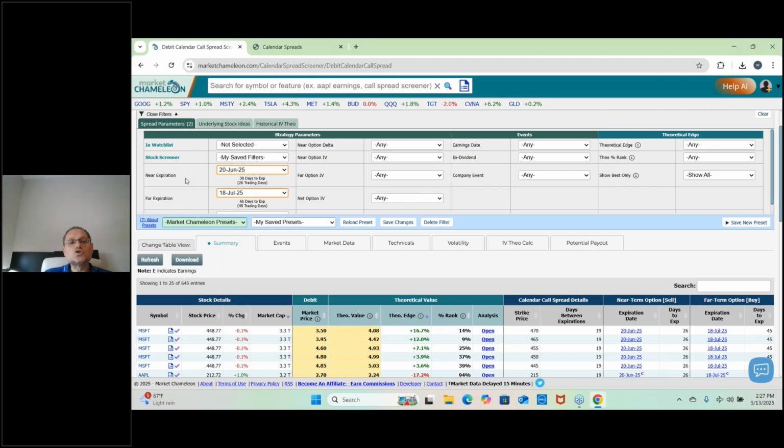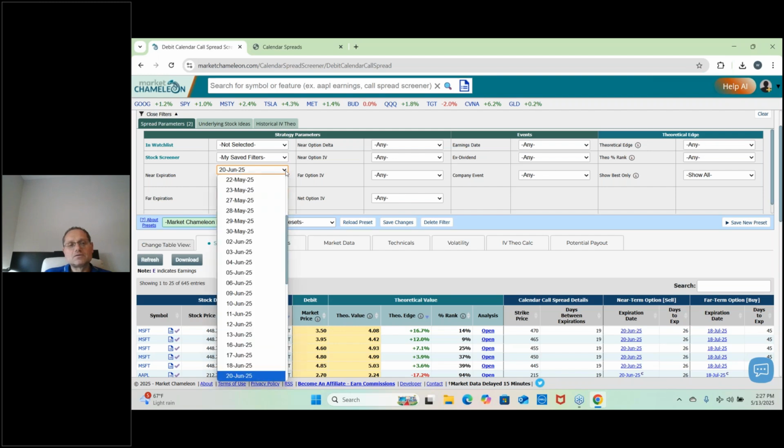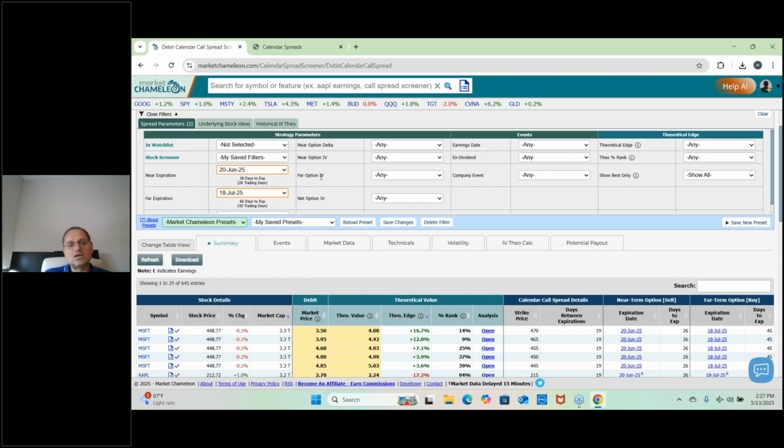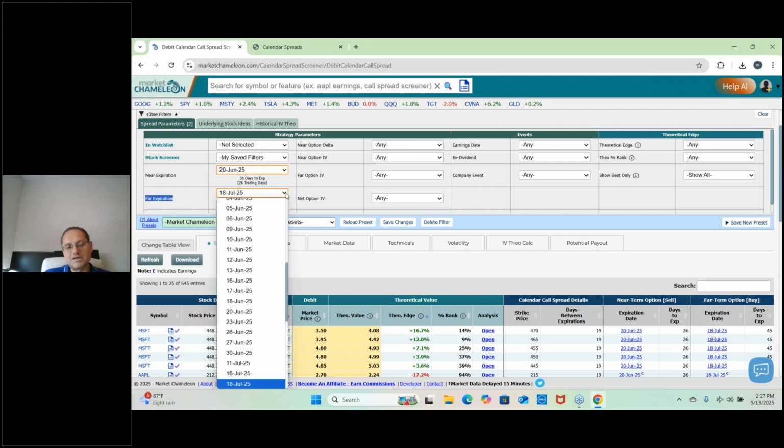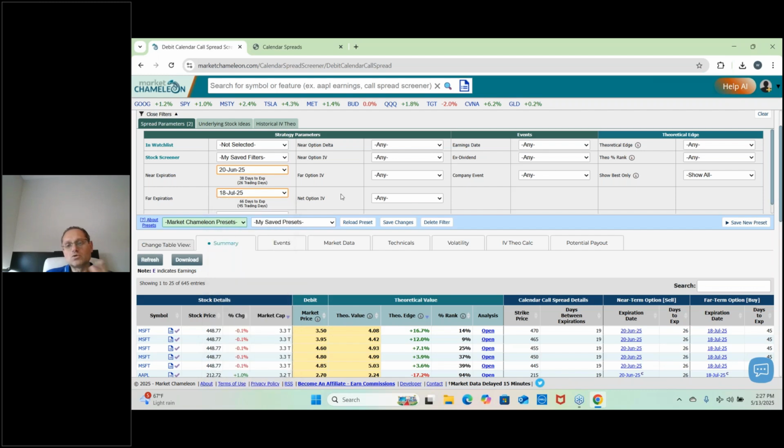And here we could choose that by dropping this down, picking an expiration, and then the further out expiration, we could drop this down and pick an expiration, and this will run a new data table looking at time spreads for those expirations that you chose. All right, but let's just stick on this one as our default.